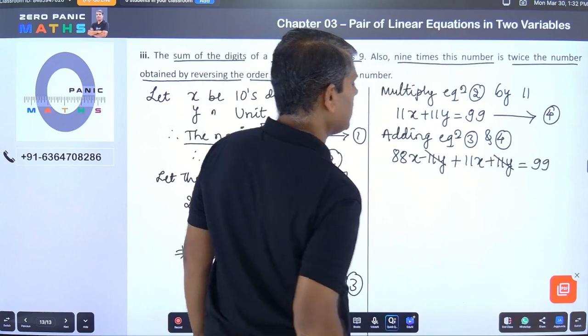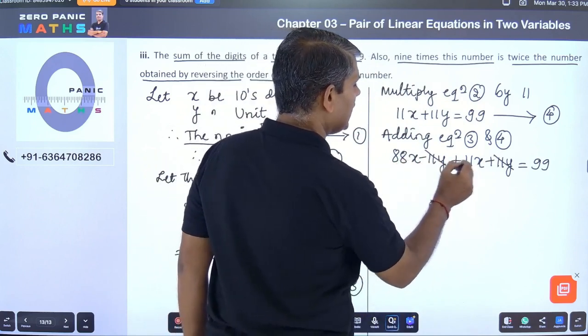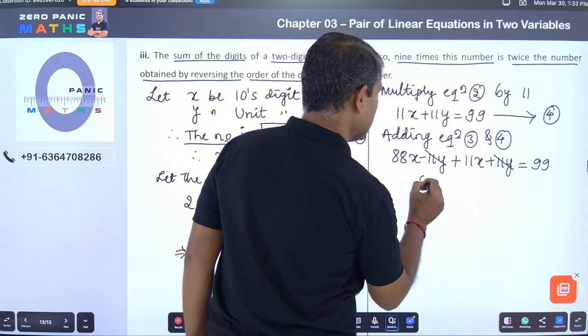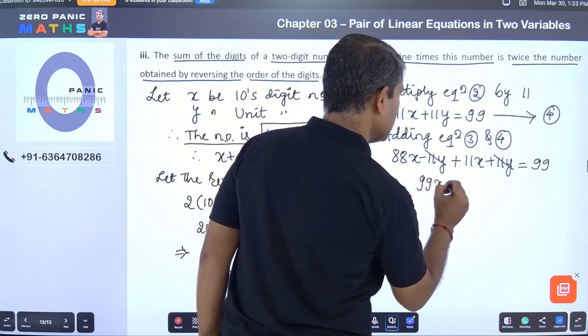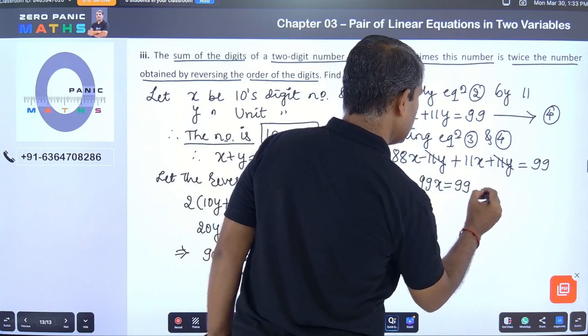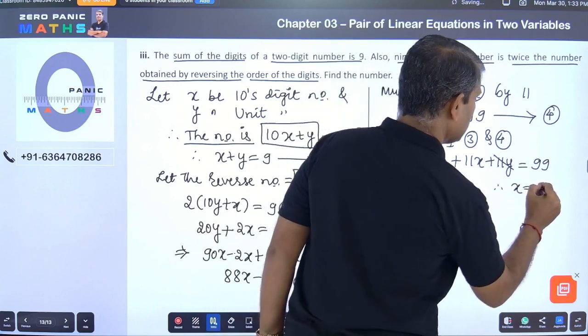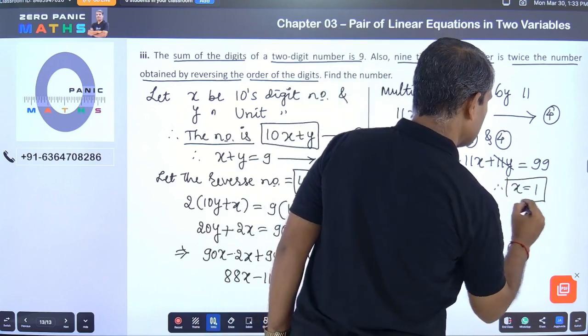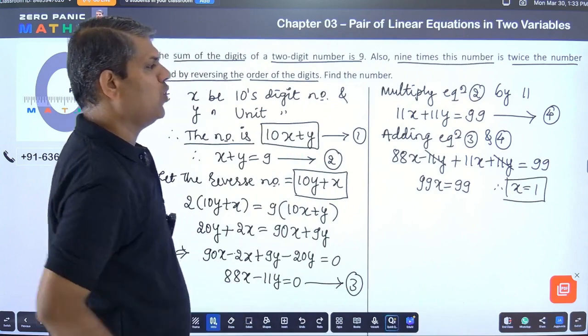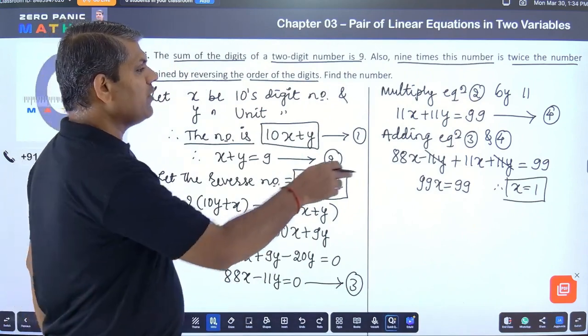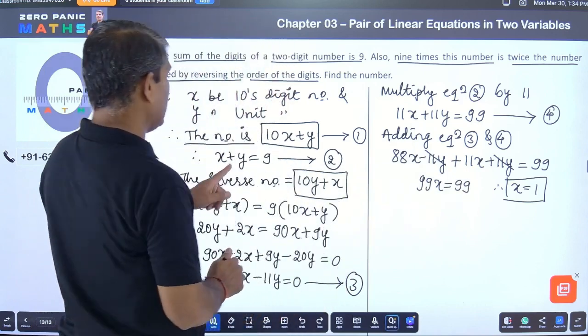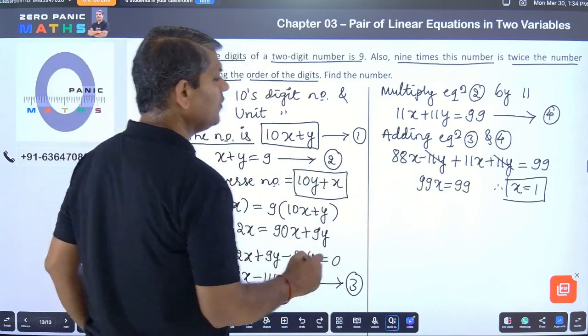Minus 11y and plus 11y get cancelled, and 88x plus 11x, that is 99x, is equal to 99. Therefore x is equal to 99 by 99, that is 1. X is 1.